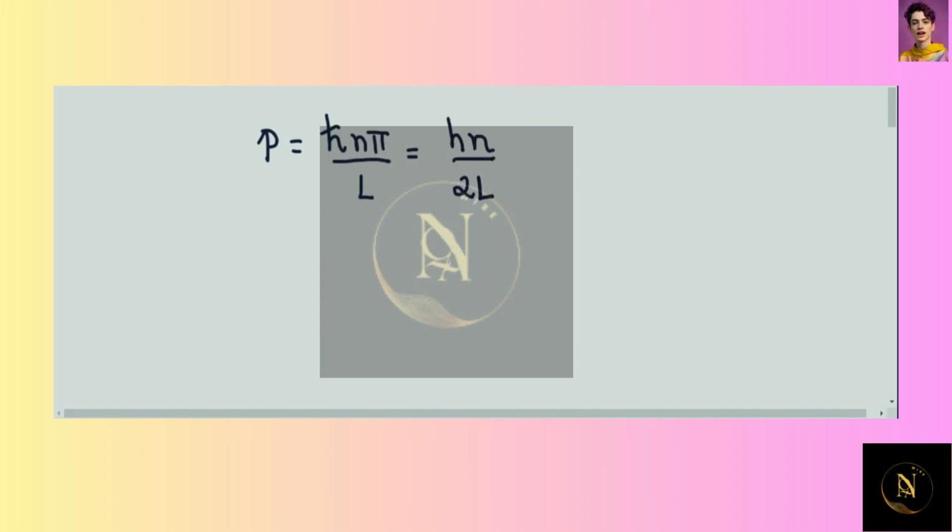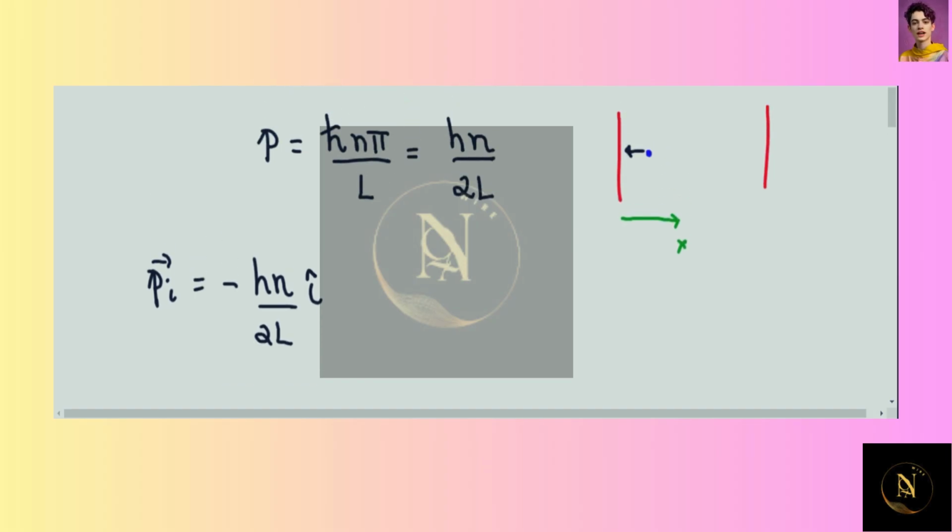Now notice that when the particle is moving to the left, the momentum of the particle is also to the left. So if I set up a coordinate system such that the x-axis is pointing to the right, the momentum, which I'm going to call the initial momentum p_i, is equal to minus hn divided by 2L in the i direction.